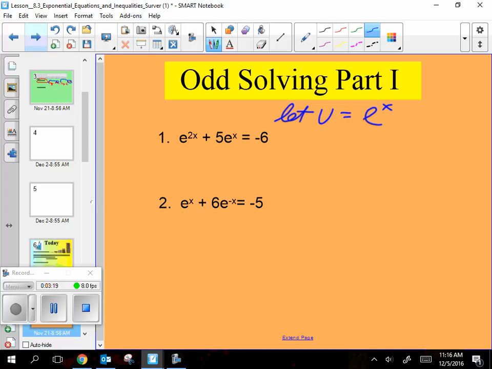Then I will have u squared plus 5u equals negative 6. Now I can just add 6 to both sides. If you can factor it, you should.